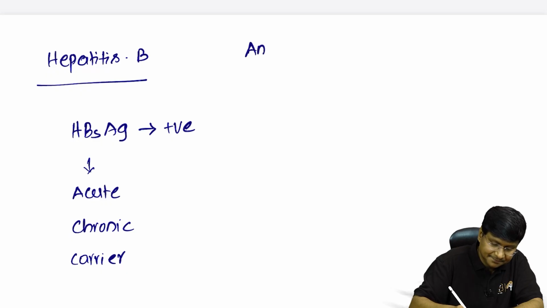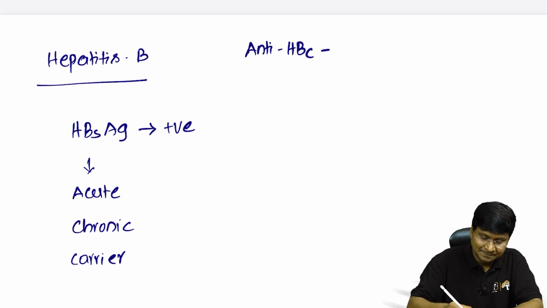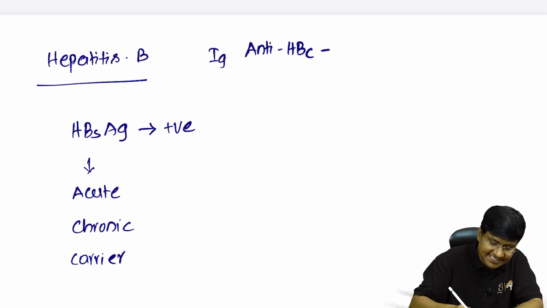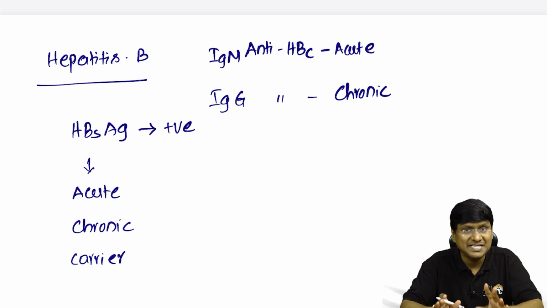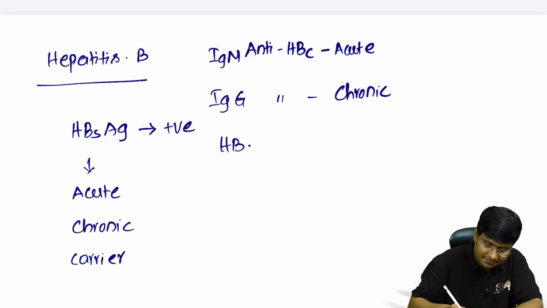Whereas if you take the anti-HBc, that is IgM anti-HBc, if it is positive, that is suggestive of acute hepatitis B. And if IgG anti-HBc is positive, that is suggestive of chronic hepatitis B. And please remember, these two are antibodies.